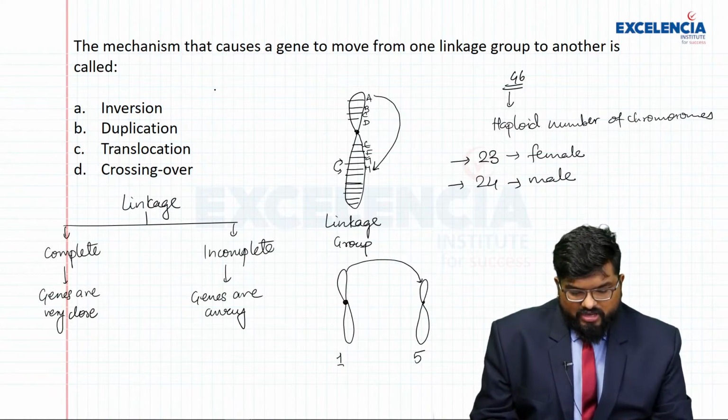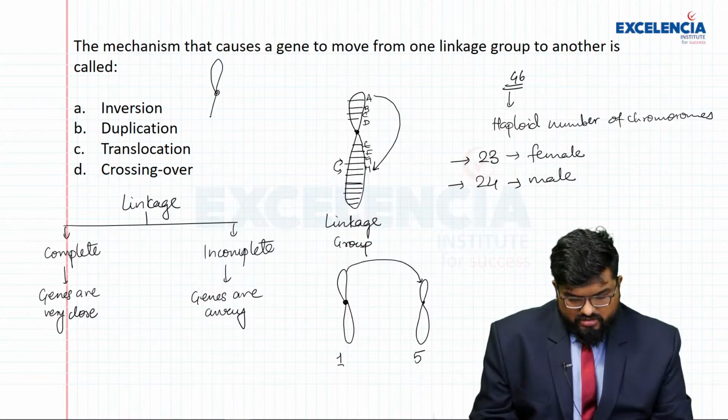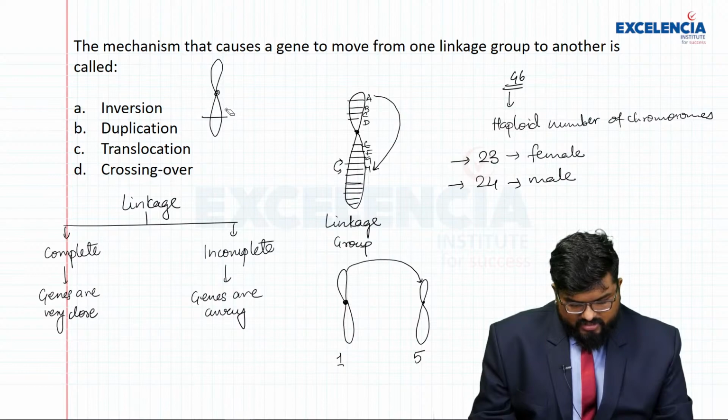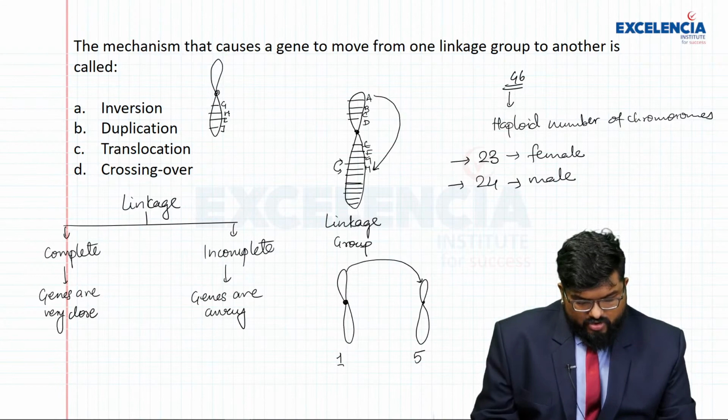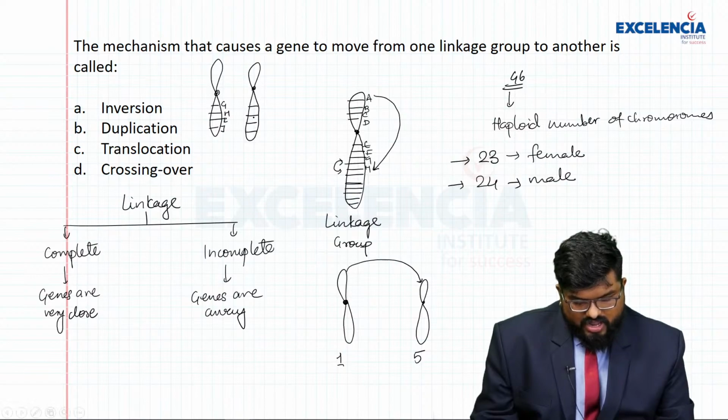When we talk about inversion, let's say this particular segment. If I have genes G, H, I, J over here, in inversion one of these pieces is going to get cut out, inverted and inserted again.